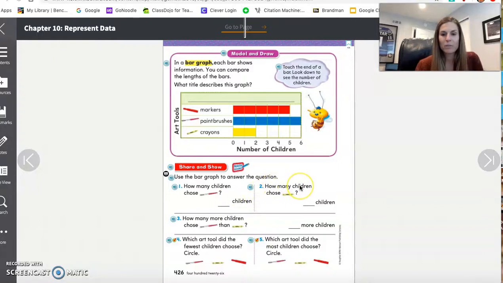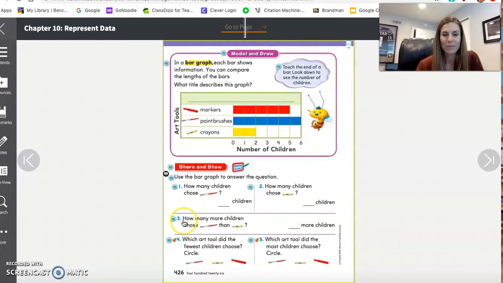Question number 2. How many children chose crayons? Look at that bar graph. Check your numbers. Okay, you should have said 2 children. Right down here is 2 children. So number 2, 2 children.